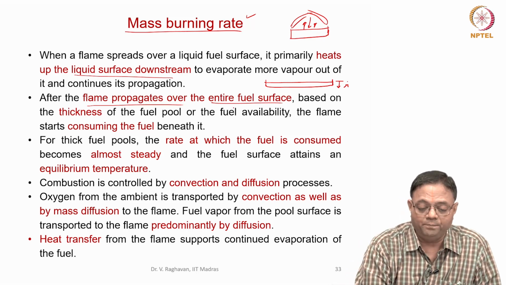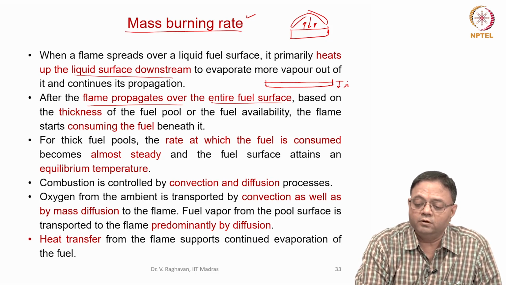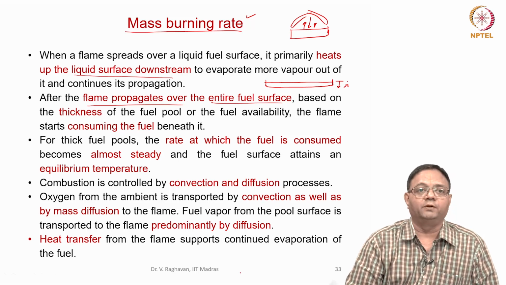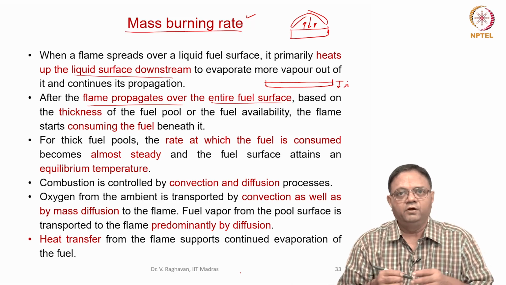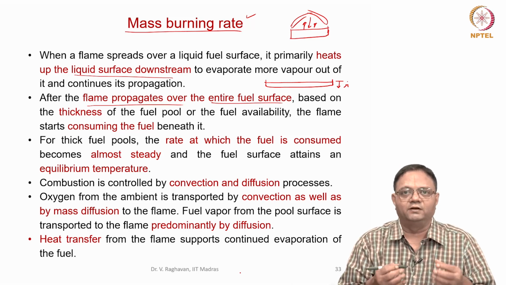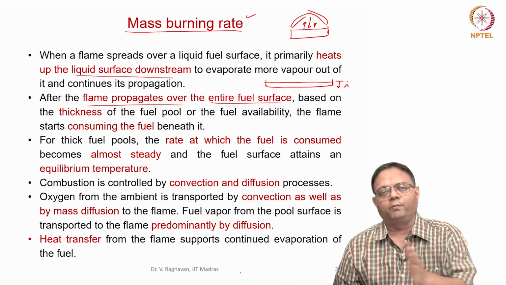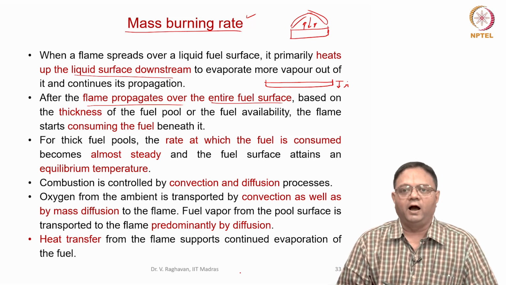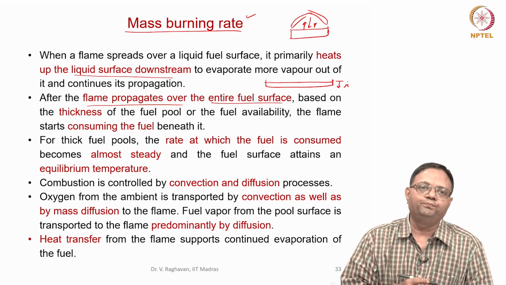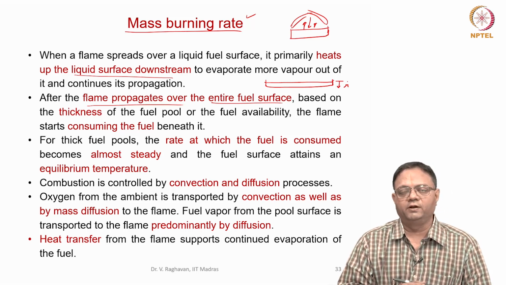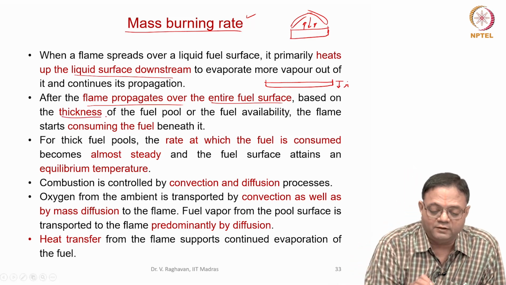So, when the flame propagates, the liquid can be consumed in the flame. That means the flame need not be established over the entire surface. When the thickness is too small, or maybe just above the critical thickness of the fuel pool, then the flame as it propagates also can consume the fuel, and when it finishes propagating, the fuel also will be over, like it will not be available for further burning. So, that is what the thickness aspect is.